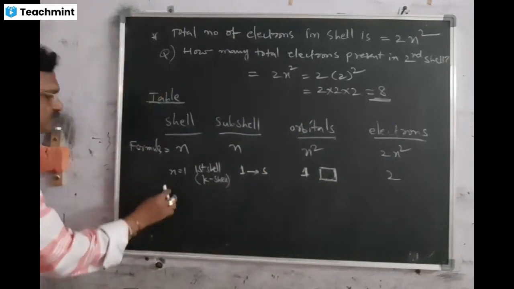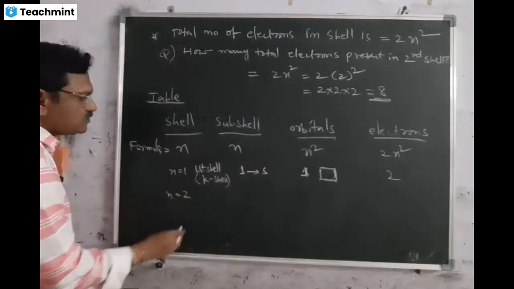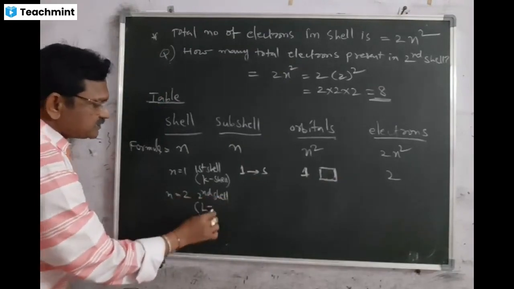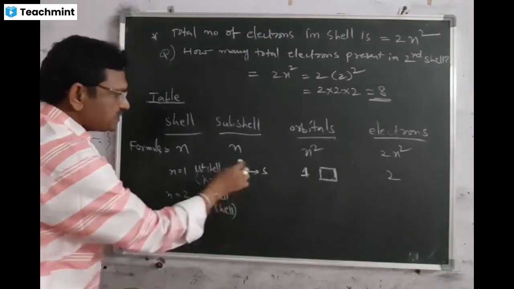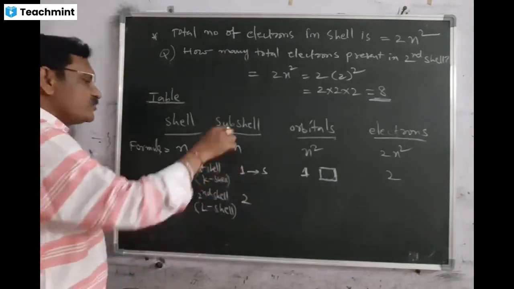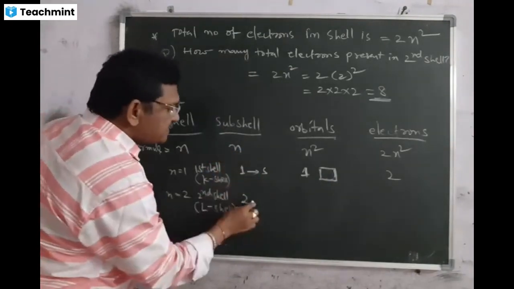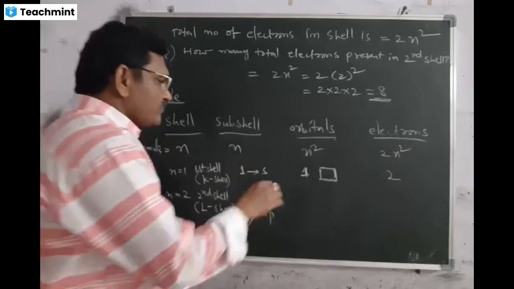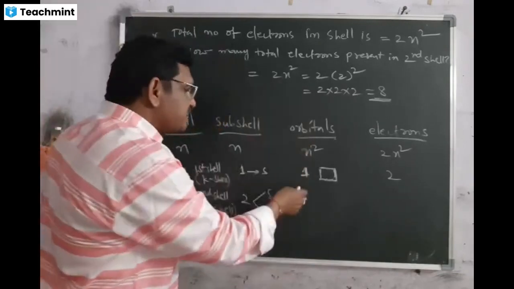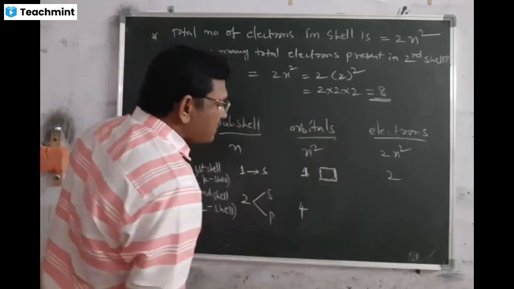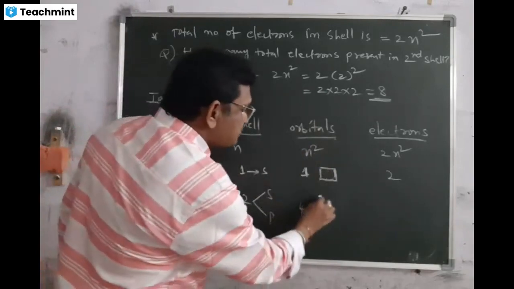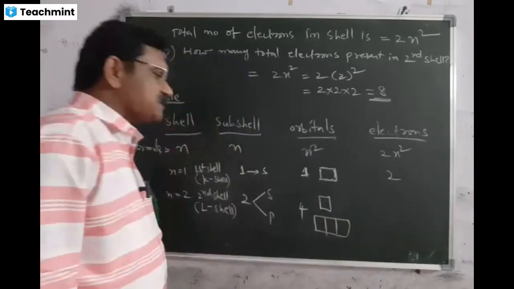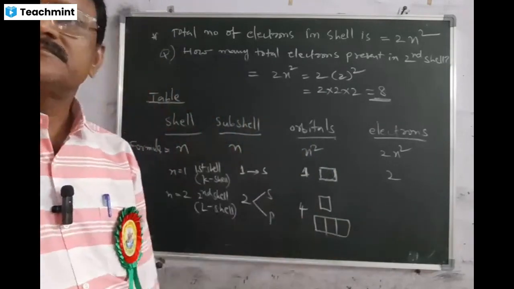Okay. For example, n is equal to 2, that is the second shell. The second shell is also called the L shell. In the second shell, how many subshells are there? 2 subshells. One is S and another one is P. So how many orbitals are there? 2 square, that means 4 orbitals. One is the S orbital, the remaining 3 are P orbitals: Px, Py, Pz.